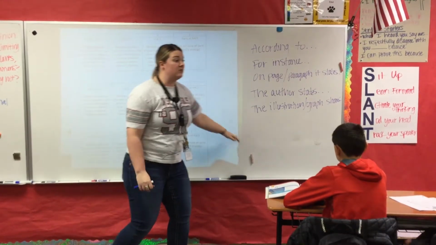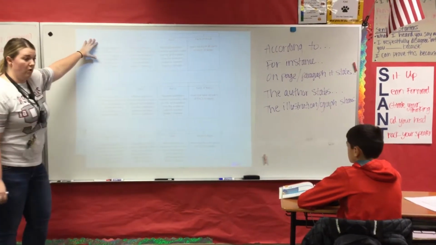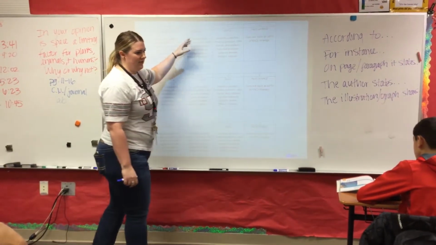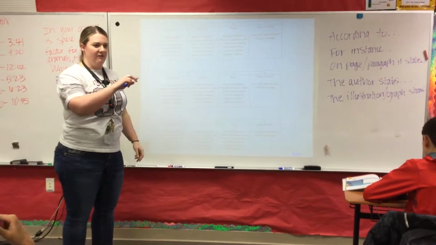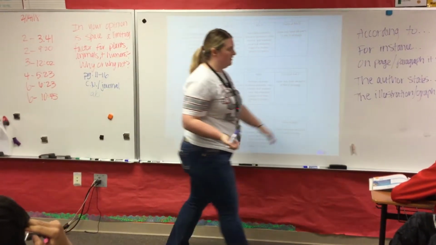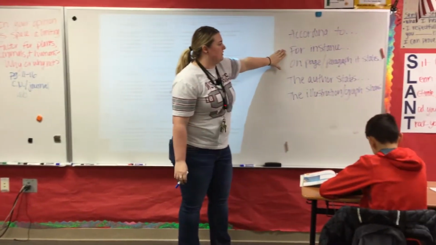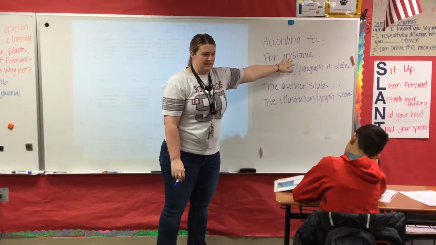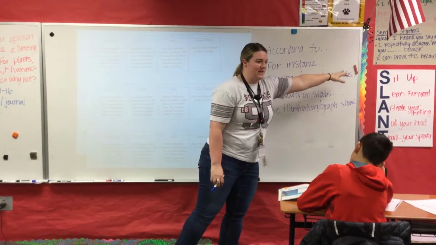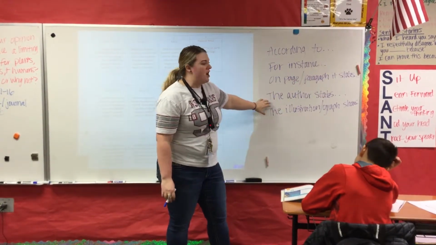Especially if you're doing a 4 and you say according to, according to, according to, I have to read that for every single one of you. I think it's boring. I want to read something different. Some examples: for instance, on page or paragraph, it states. The author states.